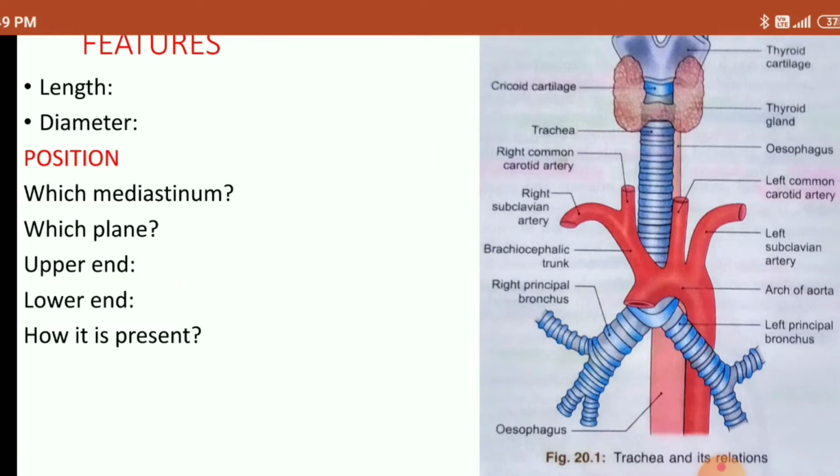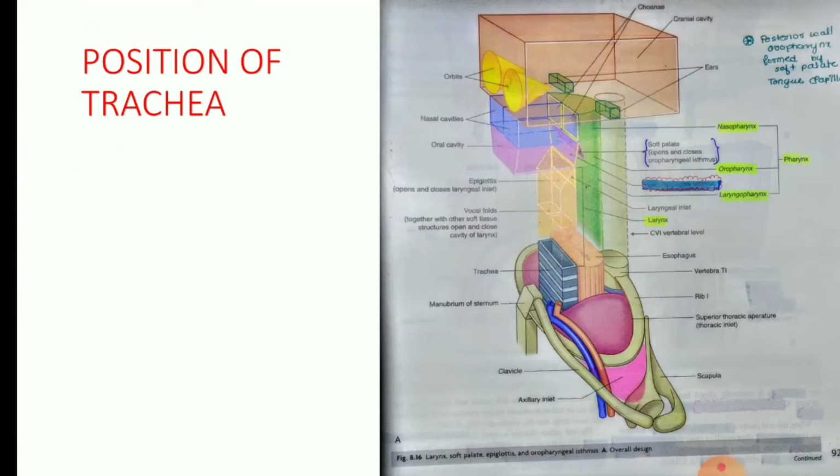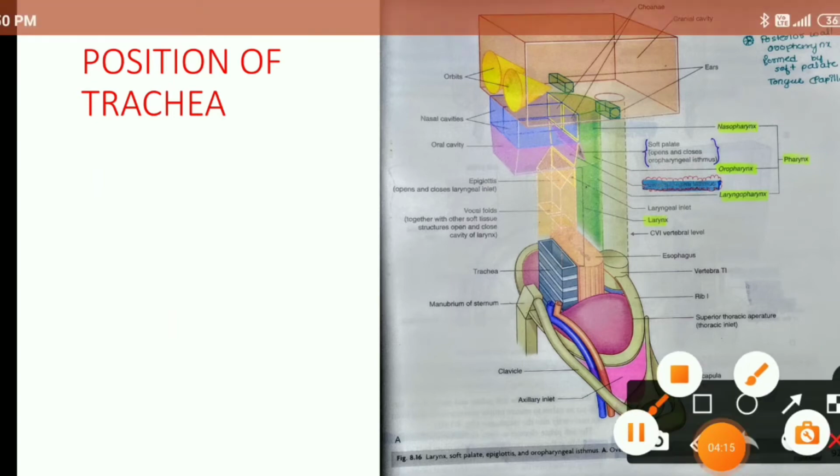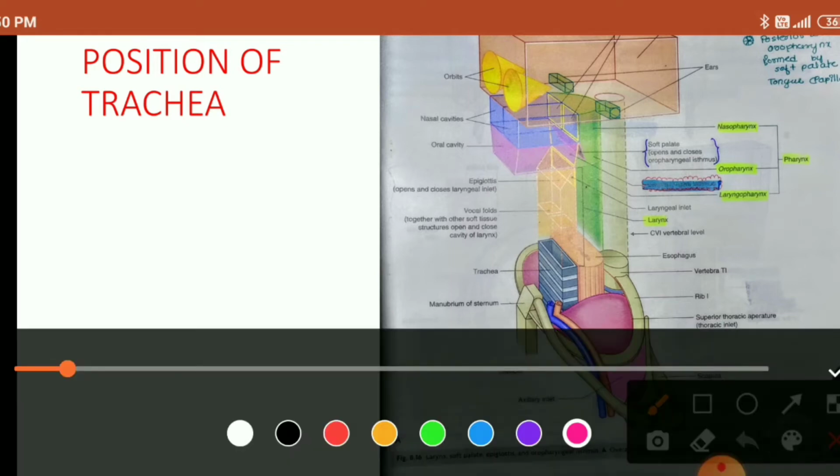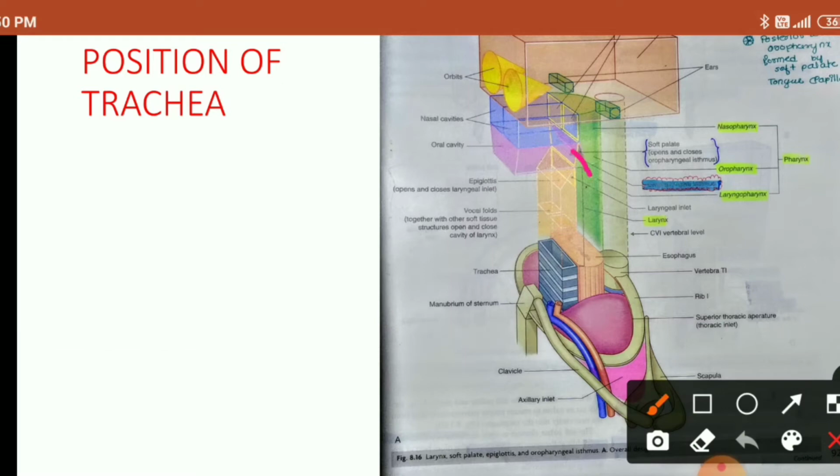Okay, now we come to the next part, position of trachea. Here in this slide, basically we are visualizing trachea with respect to larynx. Here you see that this is epiglottis and this is mainly guarding the laryngeal inlet. Okay, this is pharynx, this is nasopharynx followed by oropharynx, and this part is the laryngopharynx.